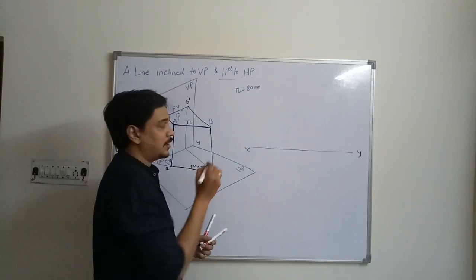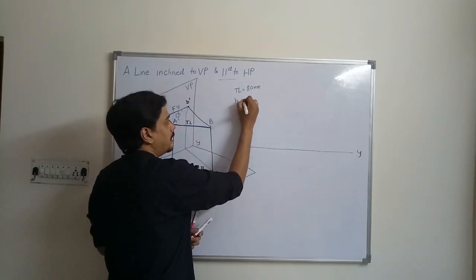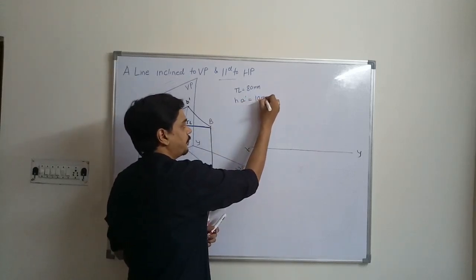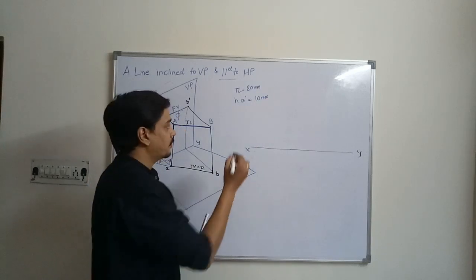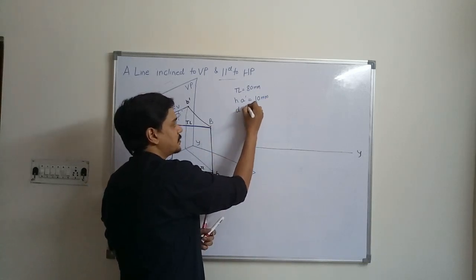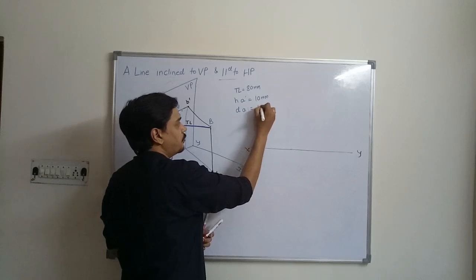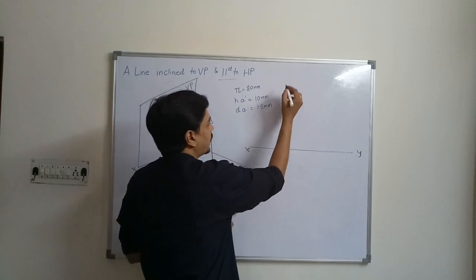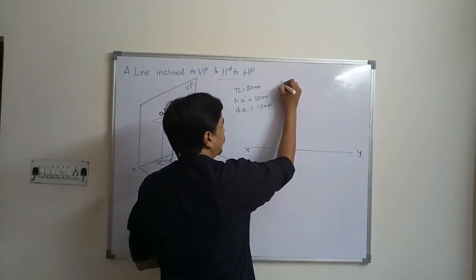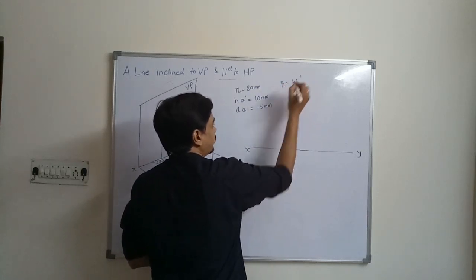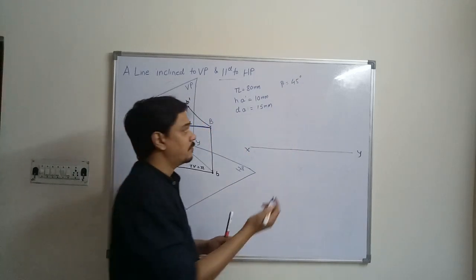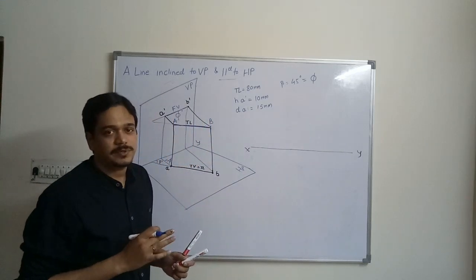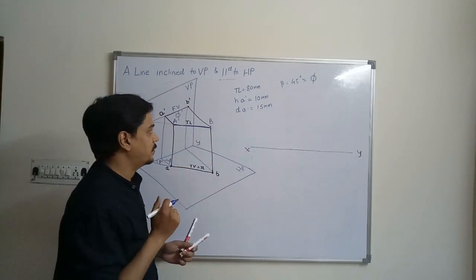Then height of A dash is equal to 10 mm. Let us assume the depth of A is equal to 15 mm. Then let us assume beta is equal to 45 degree, which is also equal to phi, because the line is parallel to HP. So theta is equal to beta is equal to 45 degree.